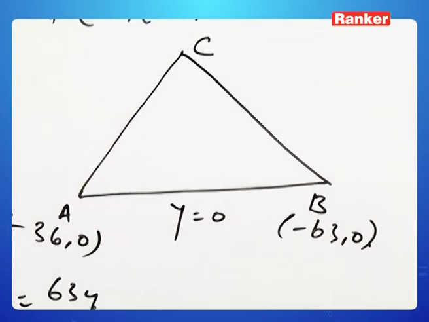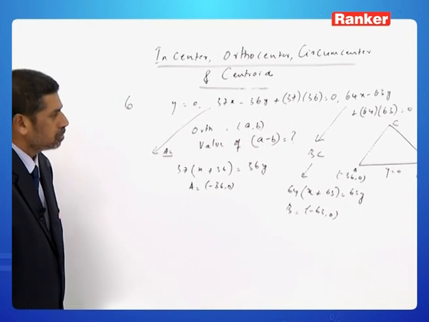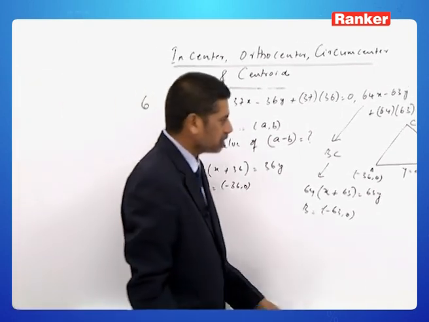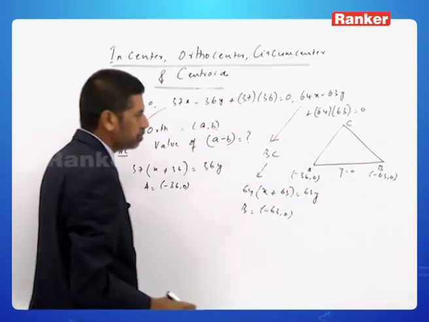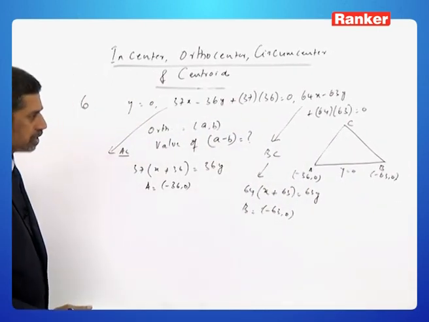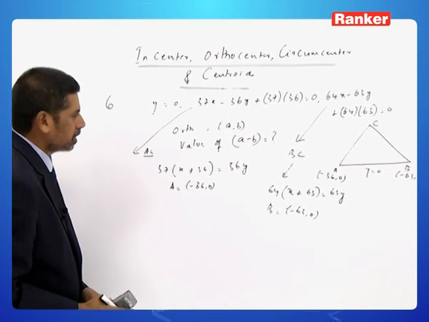Right, this is where we are. Now, the point of intersection of these two, AC and BC, should give us C. Now, how to get it?